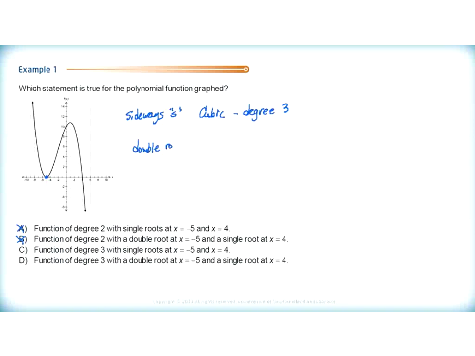And we know that there's a double root at x equals -5 because the graph is tangent at that point. The graph is tangent at x equals -5. Therefore, you would see x plus 5 with a multiplicity of 2 as one of the factors of this polynomial function. As well, we have a single root at x equals 4.